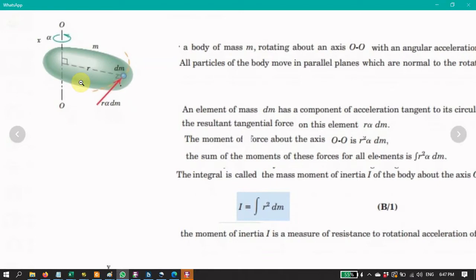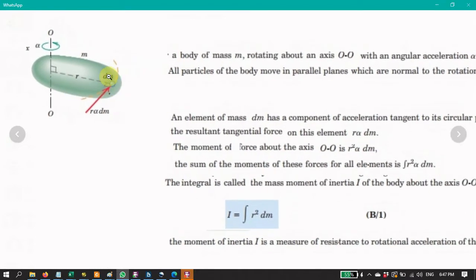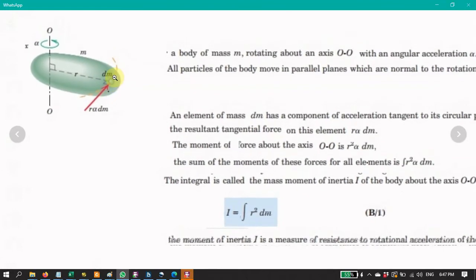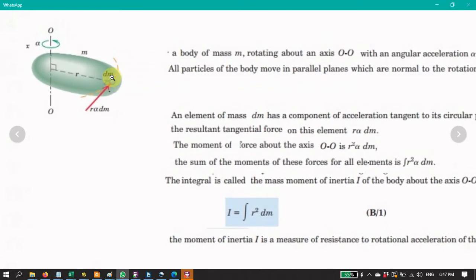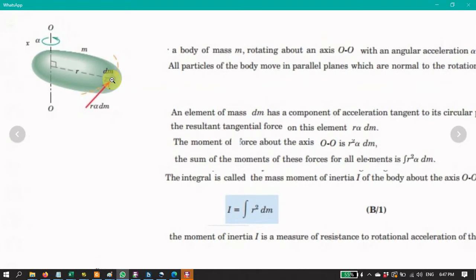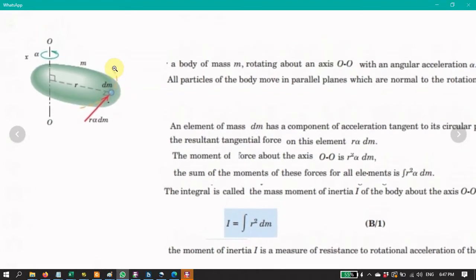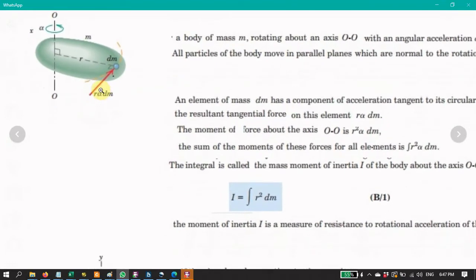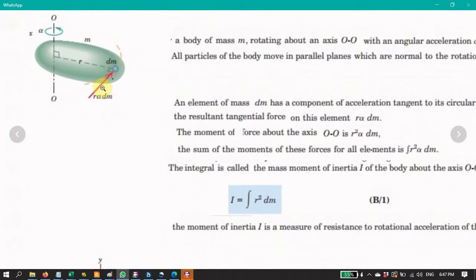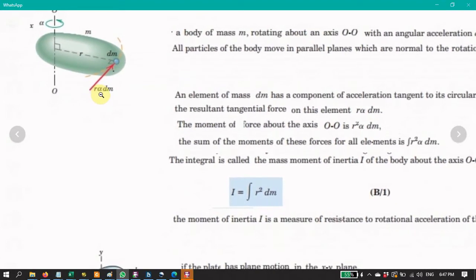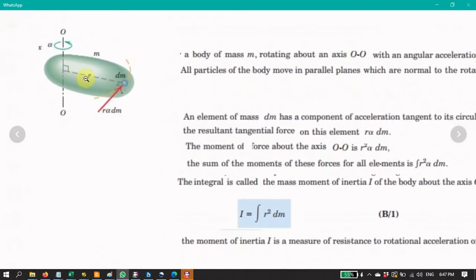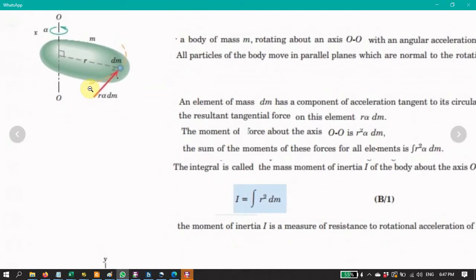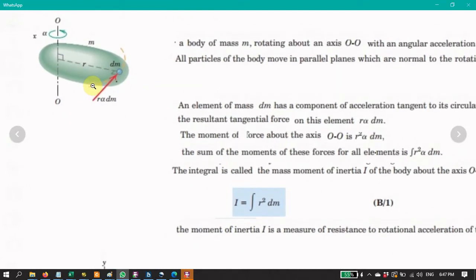So if you look at a very small mass in the polar coordinate system, if it has angular acceleration, the tangential component is r alpha, where r is the radius and alpha is the angular acceleration. So the body will receive a tangential force.